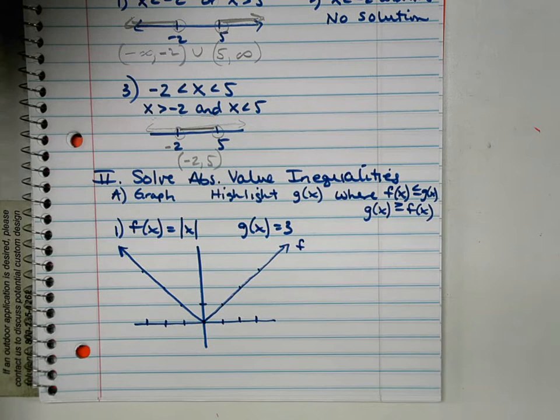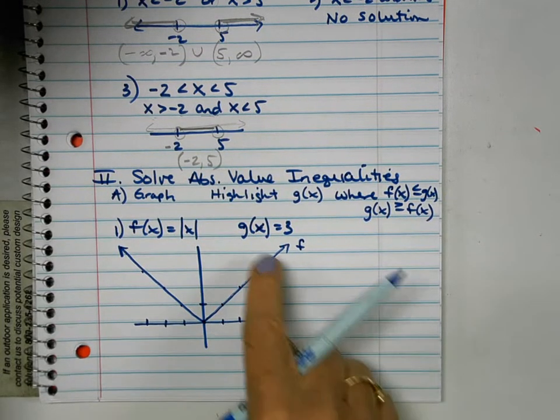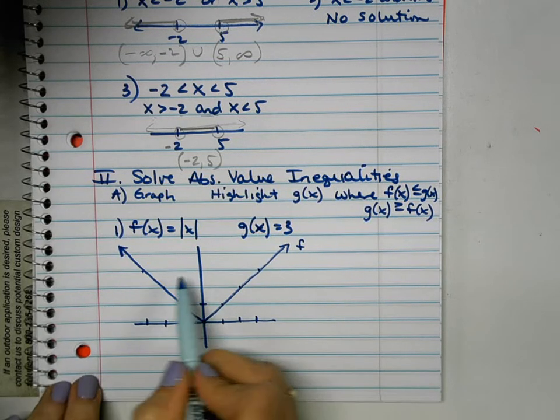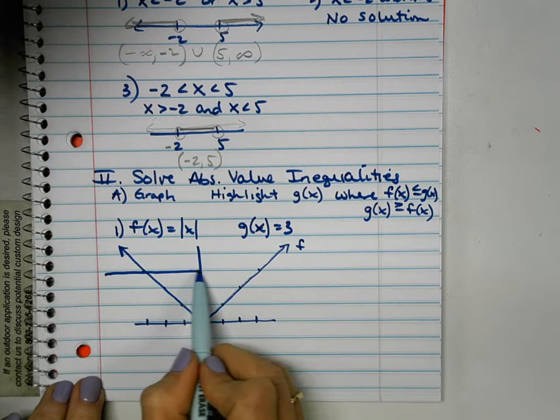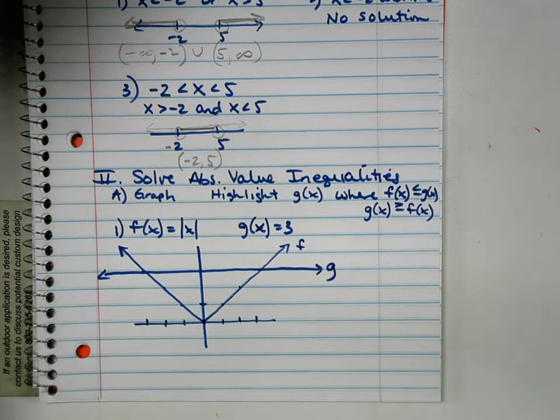And I'm going to label that F. And then I'm going to label graph G equals 3, which is a horizontal line up at 3. Extend it beyond here a little bit. Call that G.